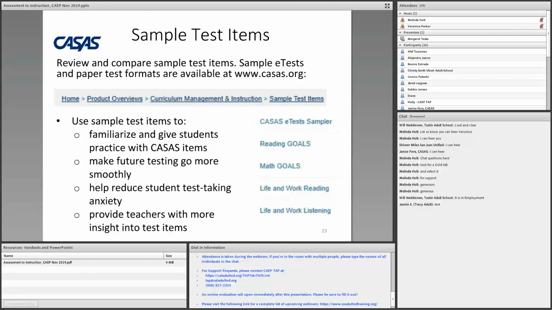It's very helpful for teachers to use sample test items to familiarize students with the CASAS test before they take it. They'll know better what it will look like. It really reduces their anxiety, and it helps our teachers to know more what the test items are that they're giving. Since they did not design the test themselves, it's good for them to know what a test might look like.